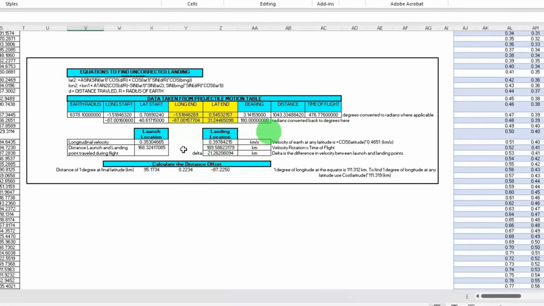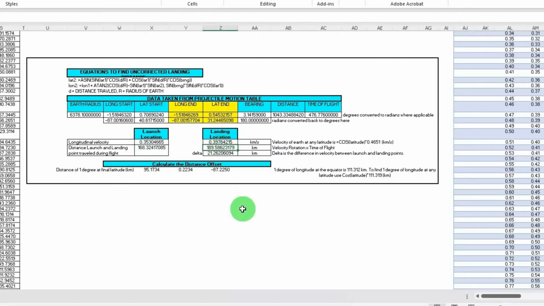So if we know the velocities at those points and we know the time, we can see the distance that each point traveled towards the east in that 476 seconds. The launch point moved 168 kilometers in that 8 minutes.